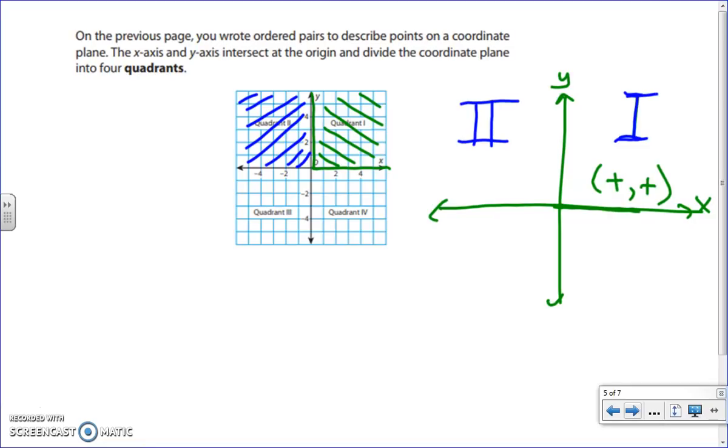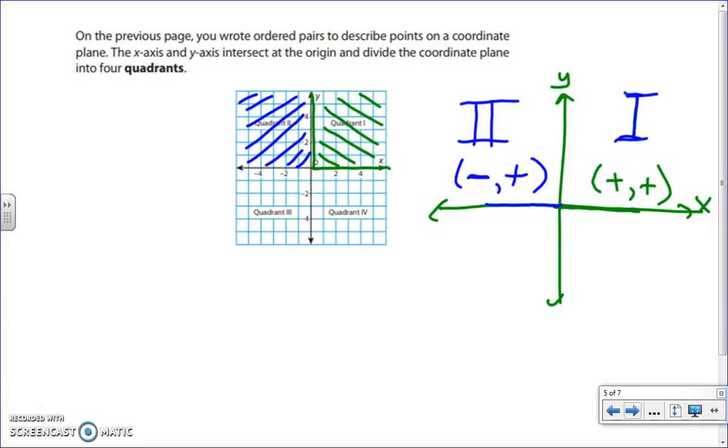That's quadrant 2, and there's something special about all the coordinates in quadrant 2 as well. To get to quadrant 2, we always need to move backwards on the x-axis, a negative value, and upwards on the y-axis, a positive value. So any coordinate in quadrant 2 will be a negative x value and a positive y value.